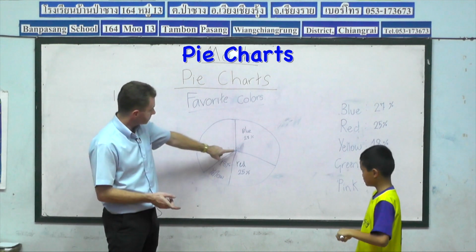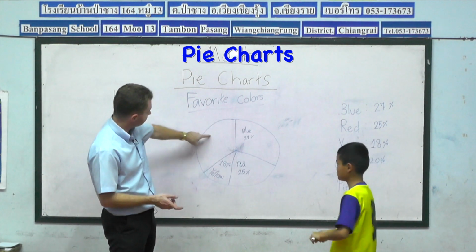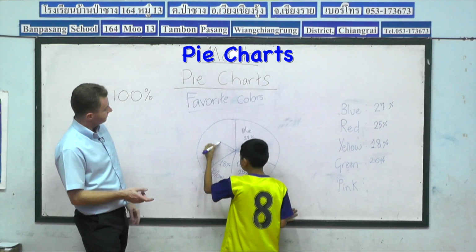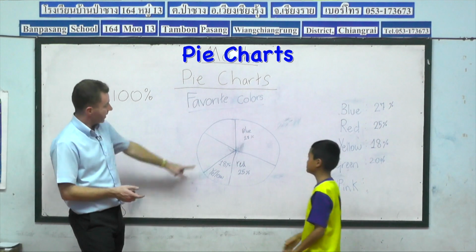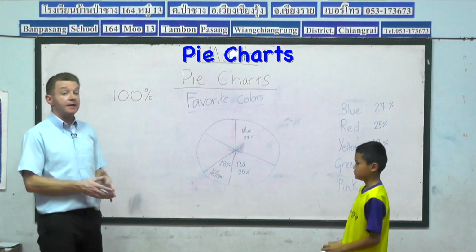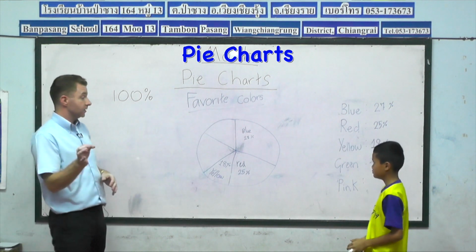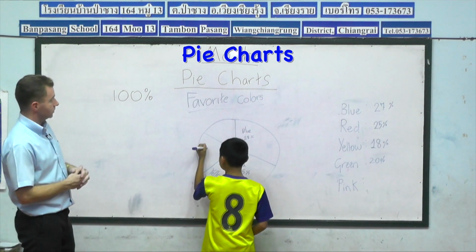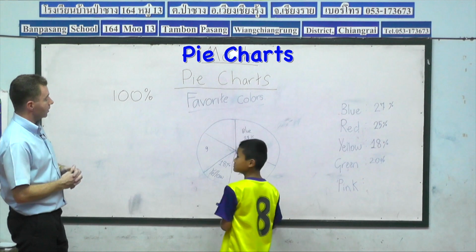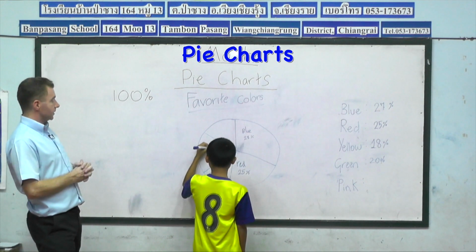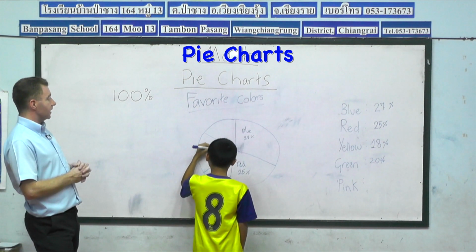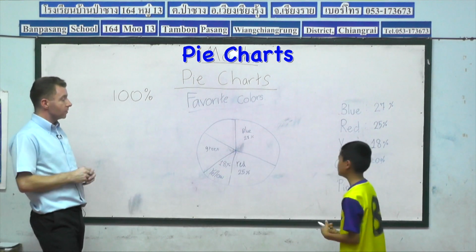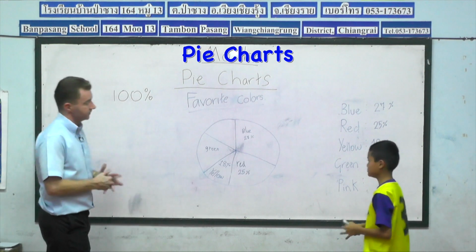And now what we need to do is to do the slice of pie to represent 20%. So I think a slice of pie, about 20%, will come around here. Okay, and then we can write green, which is G, R, E, E, N. And 20%.